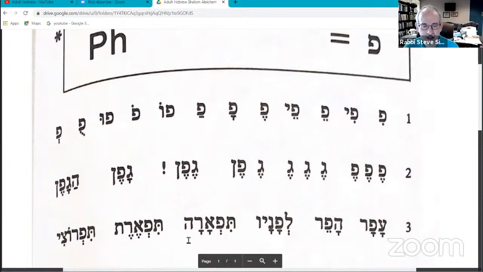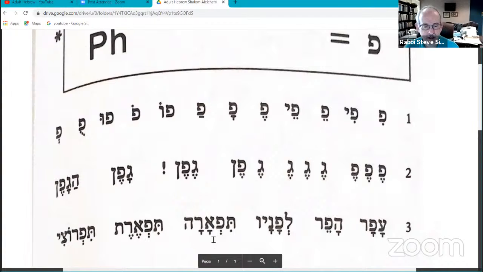Tif ara. Tif ara. Tif ara. It means glory or majesty, often referring to symbolic descriptions of God. Tif eret. Tif eret. And you should be able to visually see that Tif eret is similar to Tif ara.